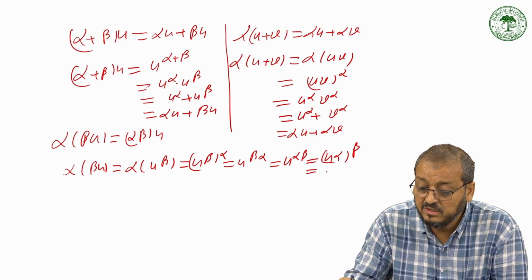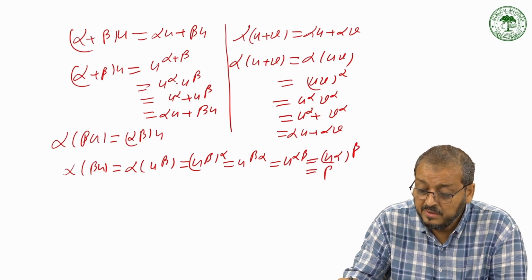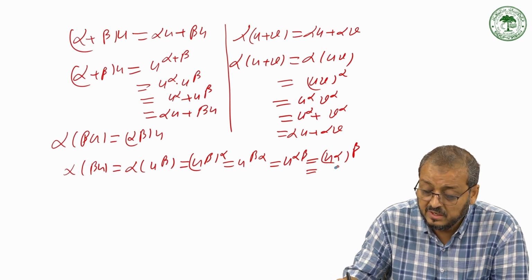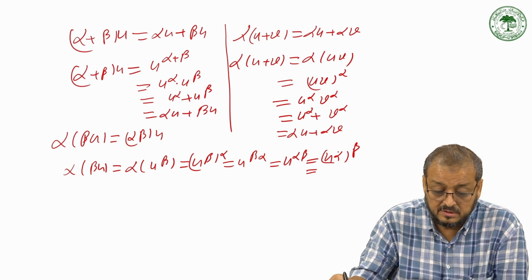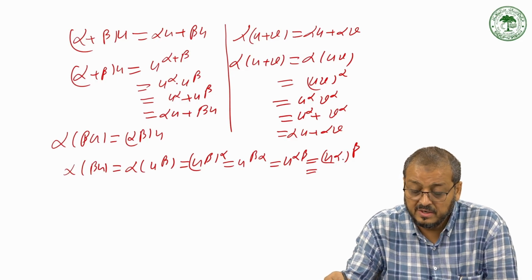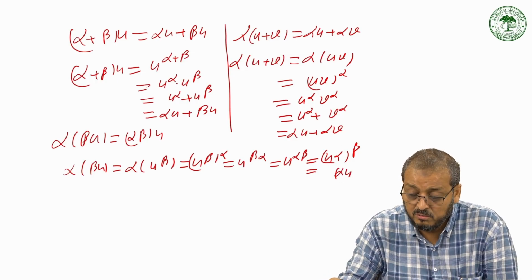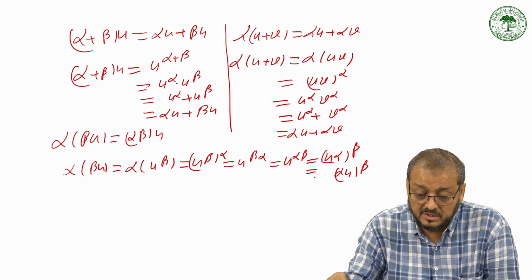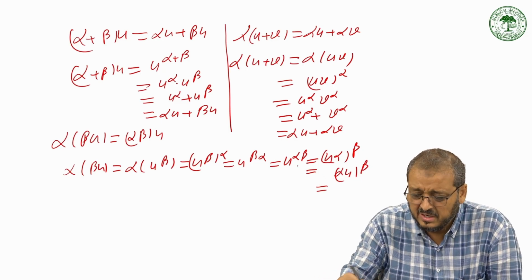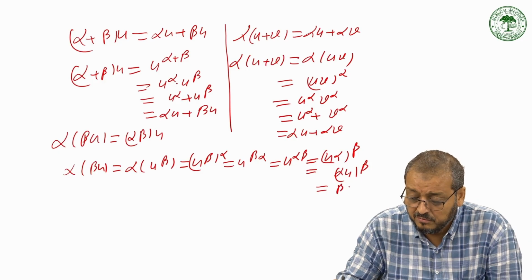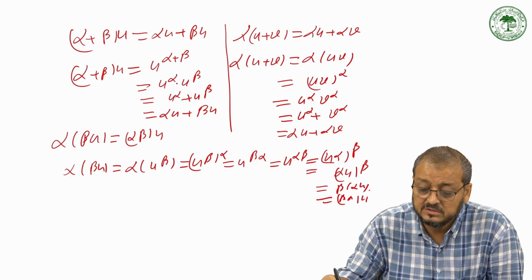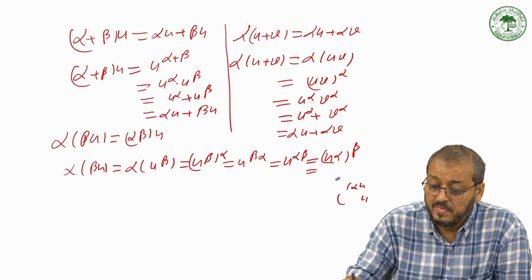We can write this in the form of beta times alpha u, that is beta alpha u, and this satisfies all these conditions.